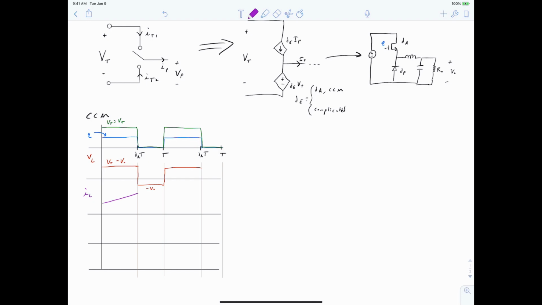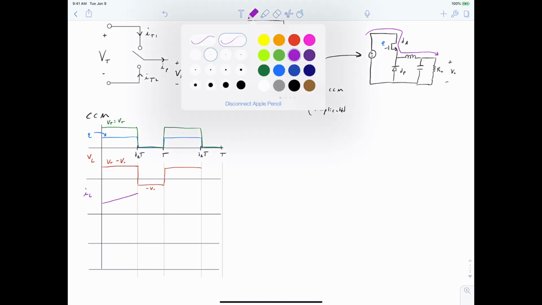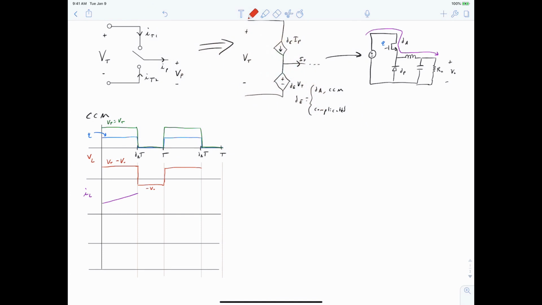So during the time that our MOSFET is on, we have a current taking this path here. And when we turn our MOSFET off, that current must continue to flow, so it is going to force the diode to start conducting like this. That is, our inductor voltage will drop to whatever value is necessary to turn that diode on, following the equation that VL is equal to L di/dt.